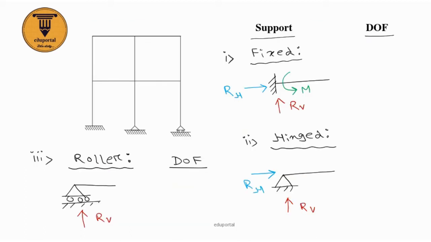Now suppose this is a rigid jointed plane frame. Here N, the number of independent displacement components, equals 3, so each joint has 3 independent displacement components. Take a fixed support: here R equals 3, so the degree of freedom is N minus R, that is 3 minus 3 equals 0.